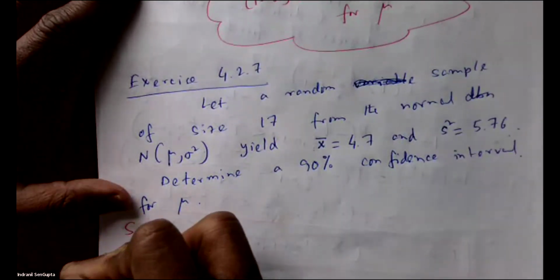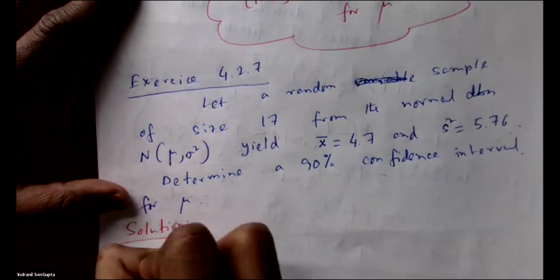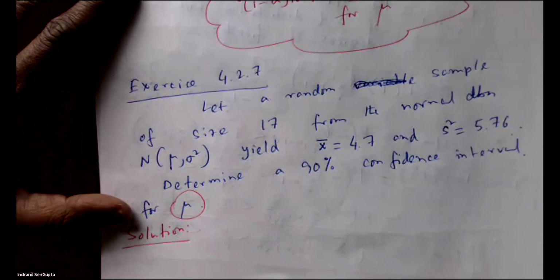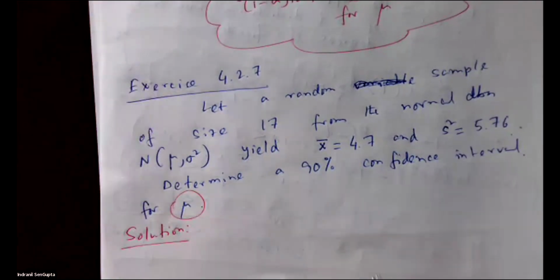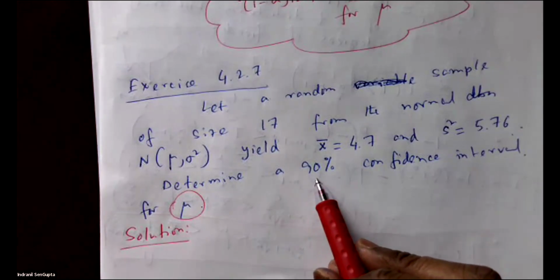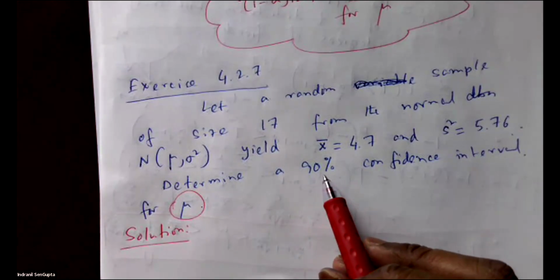Solution. We are trying to estimate mu with a 90% confidence interval, so 90% means 0.9, right?